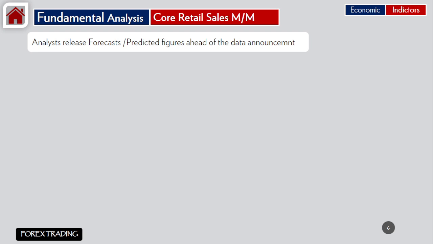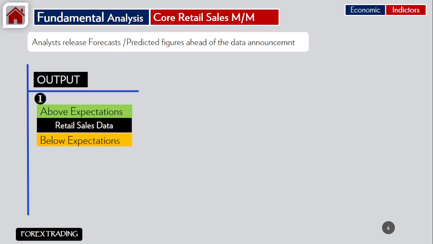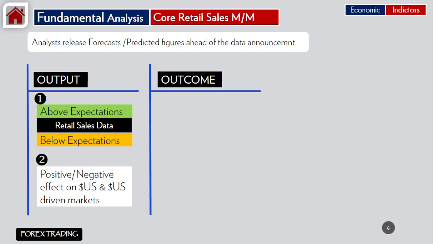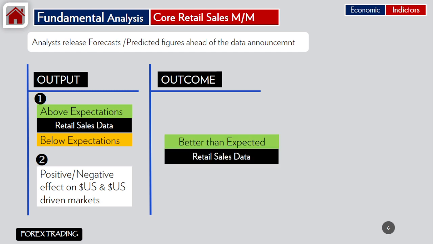So what actually happens when the data comes out? Analysts release forecast and predicted figures ahead of the data announcement. The possible output is that the data could be above expectation or below expectation, and in either case it could have a positive or negative effect on the US dollar and US dollar driven markets. If retail sales data is better than expected, one possible outcome is a strong US dollar versus other currencies.